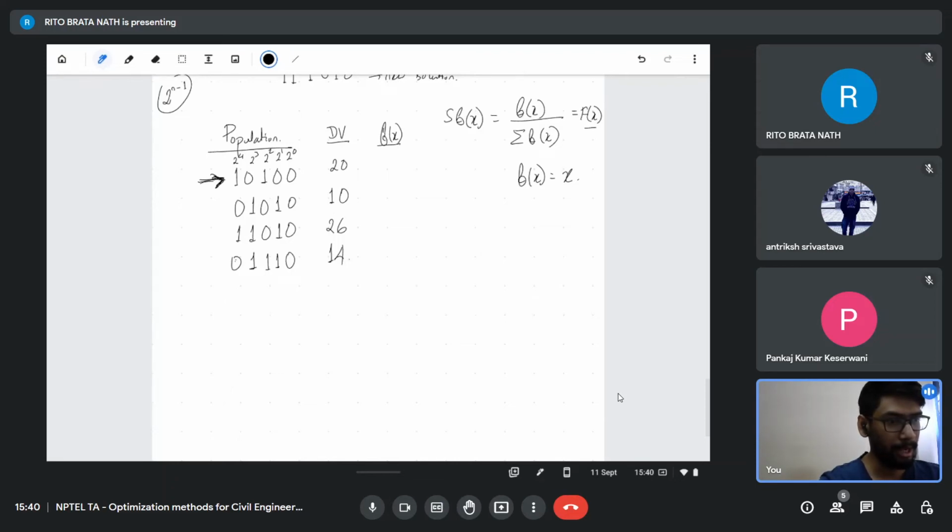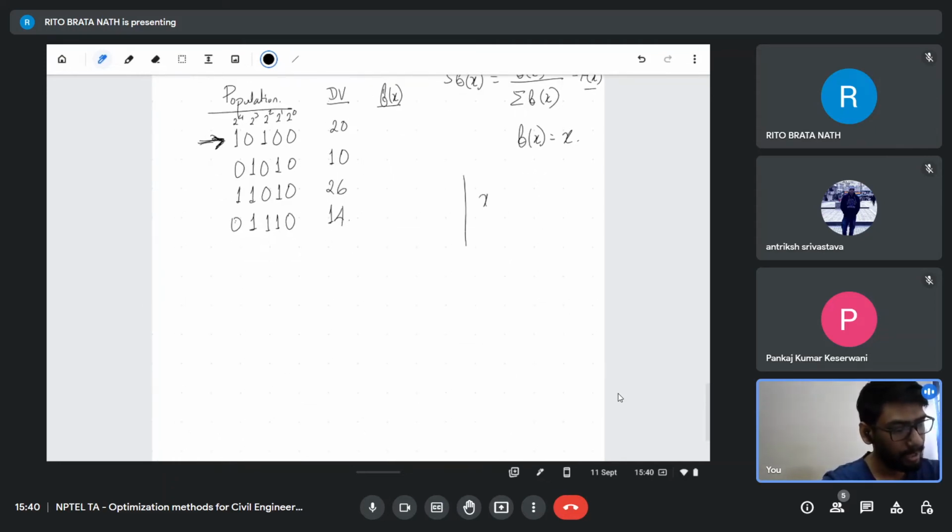So what you have is, you can map this decimal and this binary value. So x_i is nothing but x_i min plus (x_i max minus x_i min) divided by 2 to the power l_i minus 1, times this decimal or decoded value.